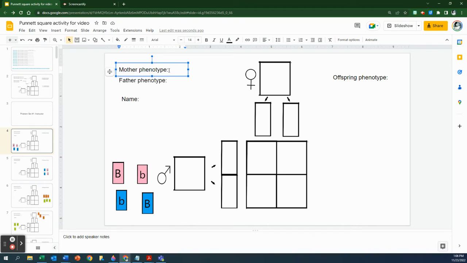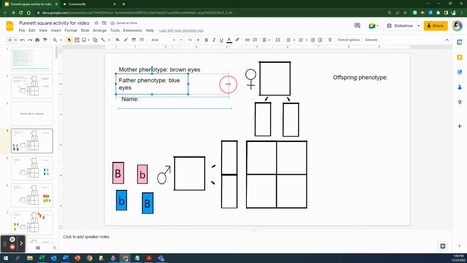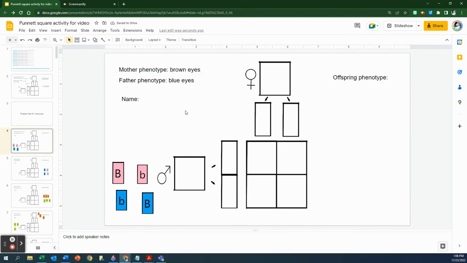The story I always tell in class is the mother phenotype has brown eyes, and the father phenotype has blue eyes. And as a biology instructor, I always have to say that eye color is more complicated than that. But for our biology purposes, we just claim that big B, the brown, is dominant over little b.